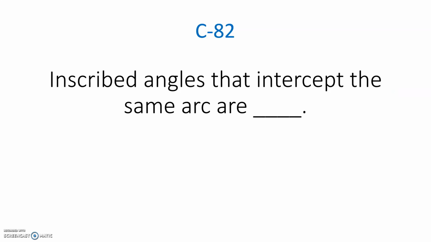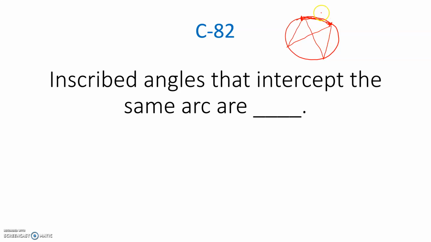Conjecture 82 says, inscribed angles that intercept the same arc are what? So let's think about it before we give you the answer. Inscribed angles that intercept the same arc. So let's say that this is the arc here, from here to here. There's one inscribed angle, and here is another inscribed angle.